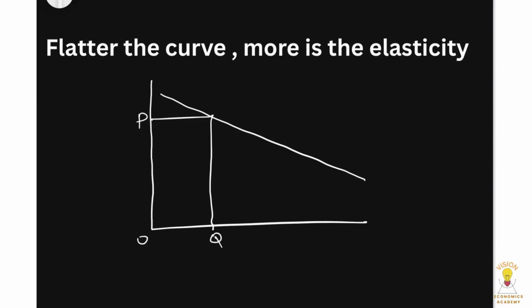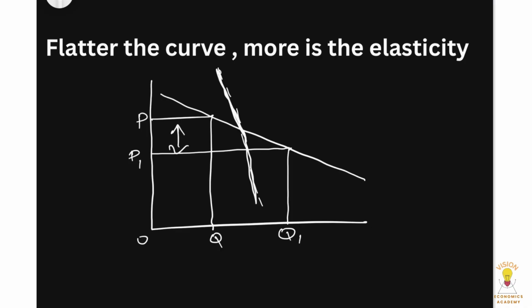Now let us make a steeper demand curve. At price OP1, in the flatter demand curve, OQ1 is demanded. That means this much change in the price led to this much change in quantity.